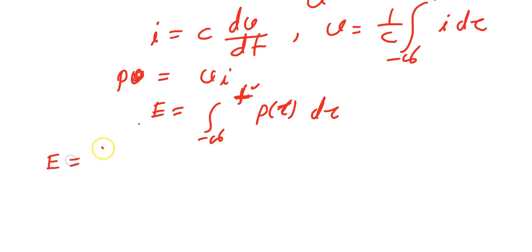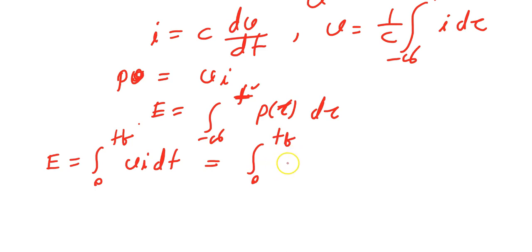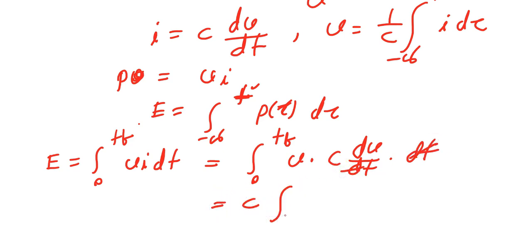Energy is equal to, I am considering from 0 to final time, the integral of VI dt. V is given, I is C dV upon dt, and dt cancels. So you have C. I am assuming C is constant. Obviously in the circuit C will be constant; otherwise, if C is a function of time, you have to include C inside.